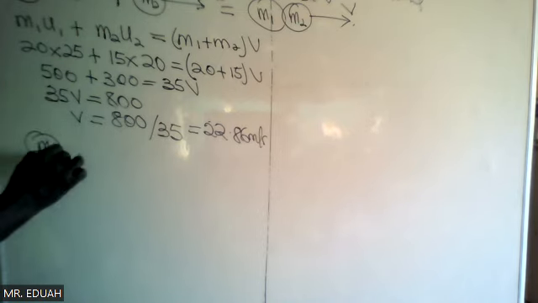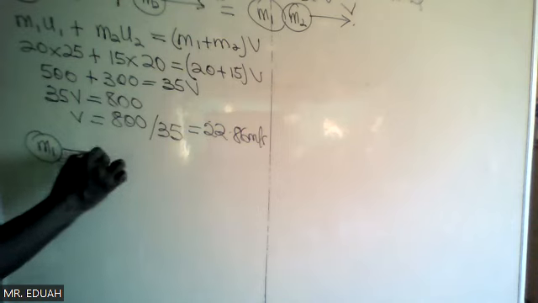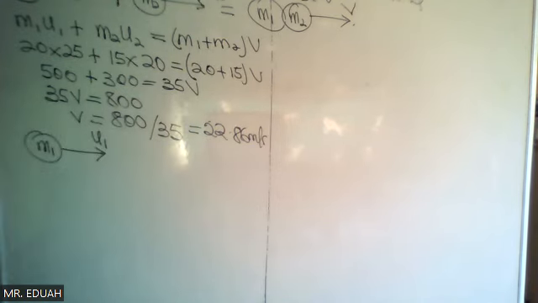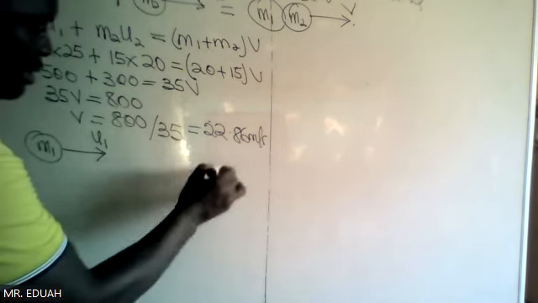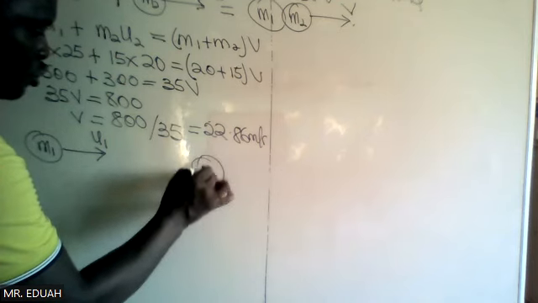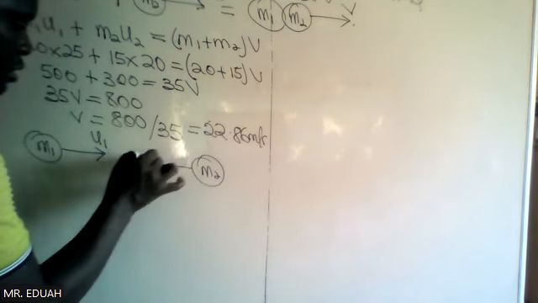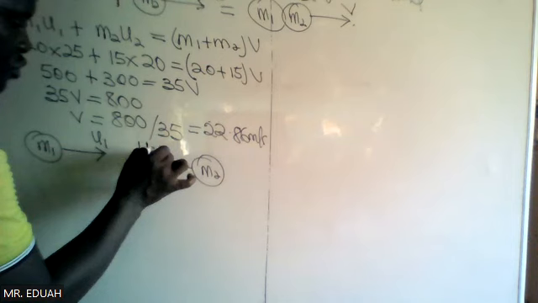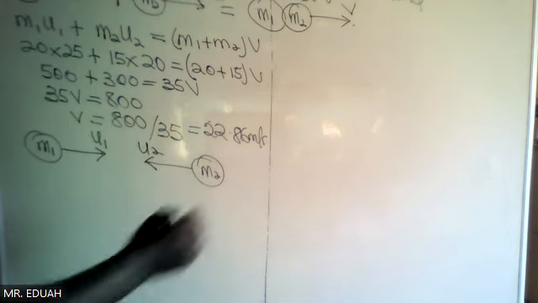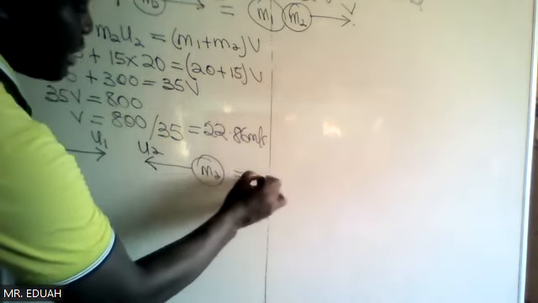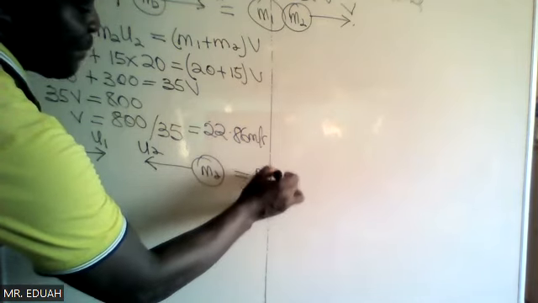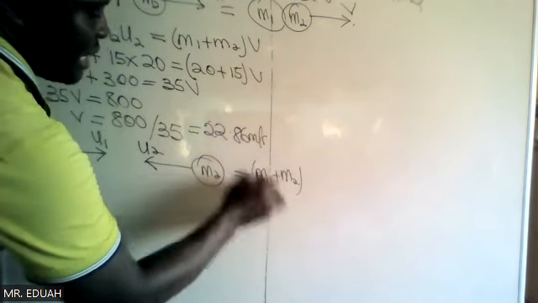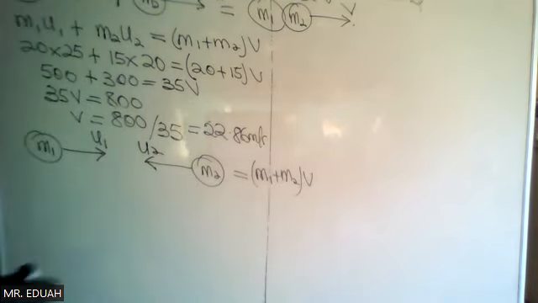So M1, U1, M2, U2. And after collision, since it's perfectly inelastic, they still combine and move with a common velocity.